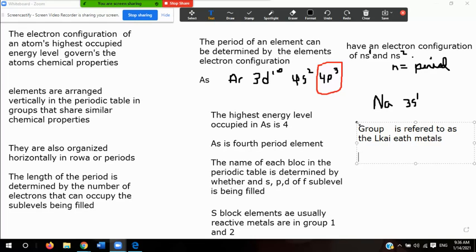You have lithium, sodium, potassium, rubidium, cesium, and francium.